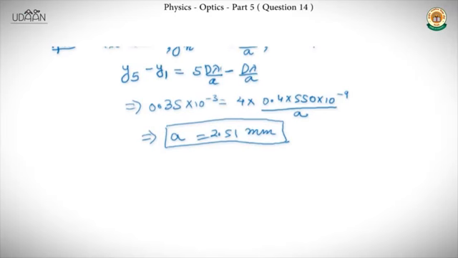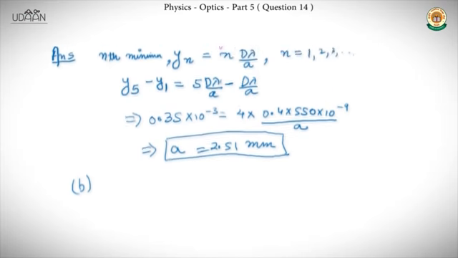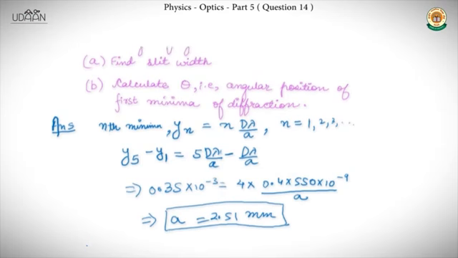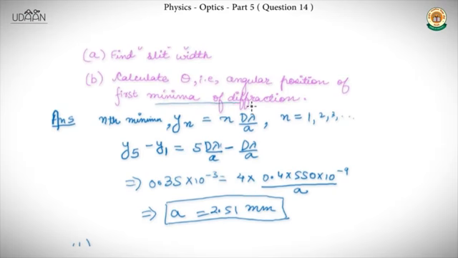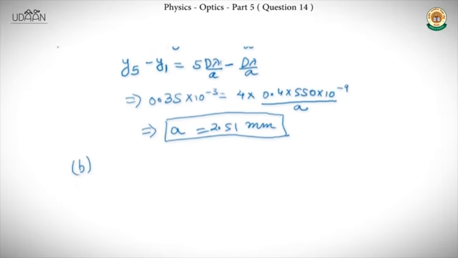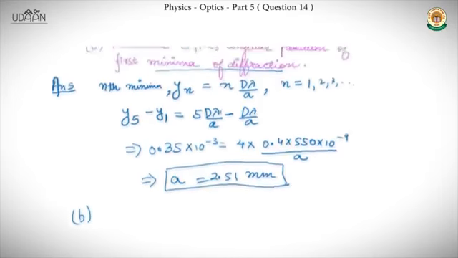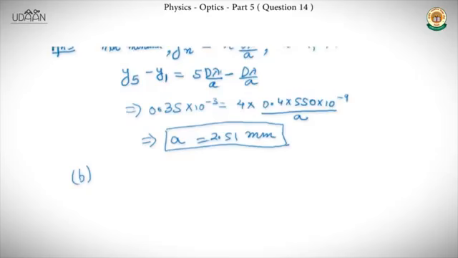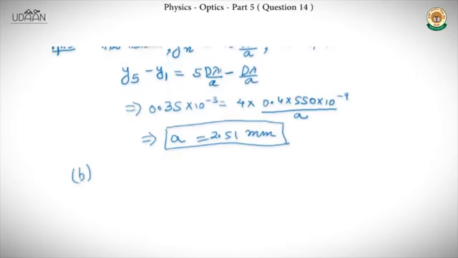Now we move on to the next part. In the next part, we need to calculate the angular position of the first minima of diffraction, that is, theta. As theta is very small, sine theta can be approximated as theta.